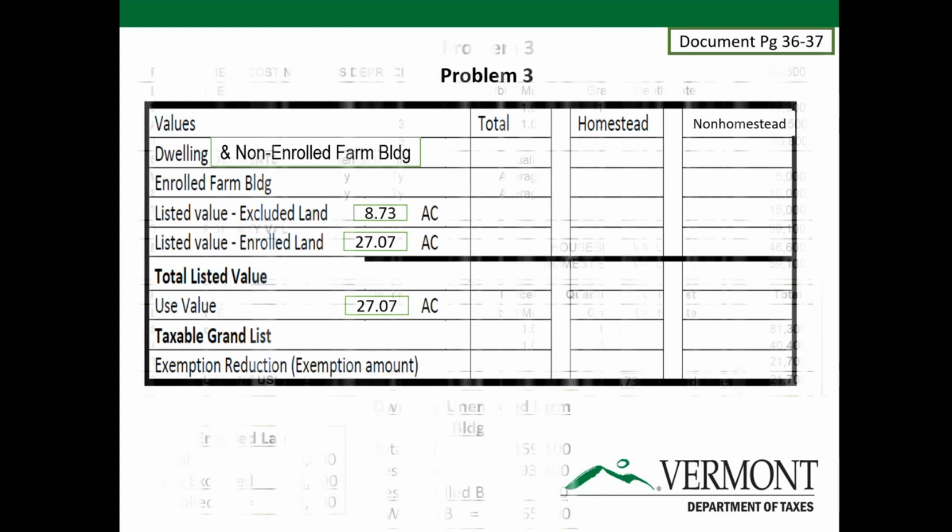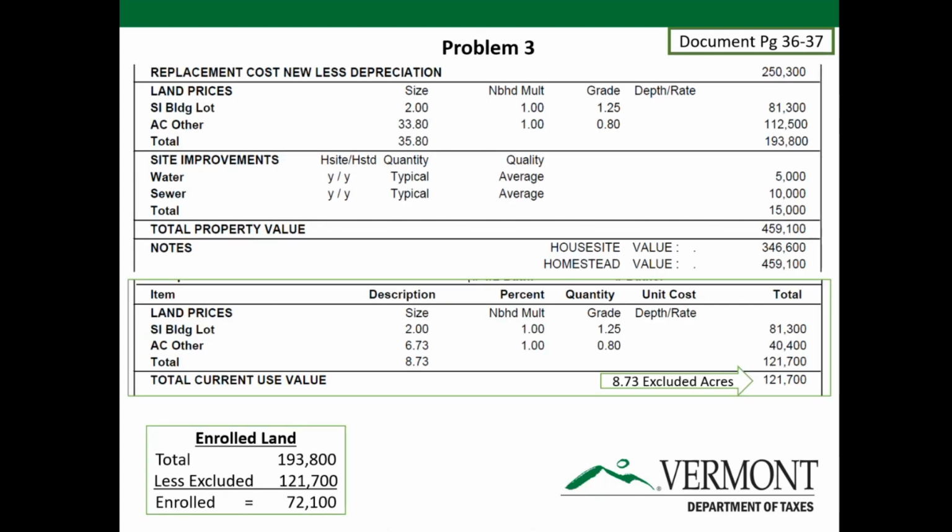Let me rewind here just a bit. Now that we've found the value of our excluded acreage, and we also know that the total land value already assessed on the parcel is 193,800, we're going to reduce that by the excluded value of 121.7 for a result of enrolled value of 72,100.